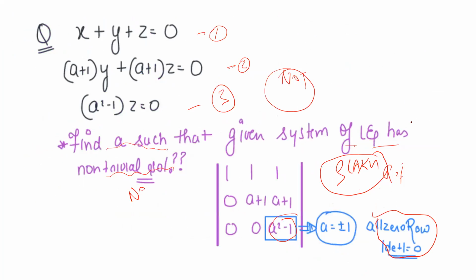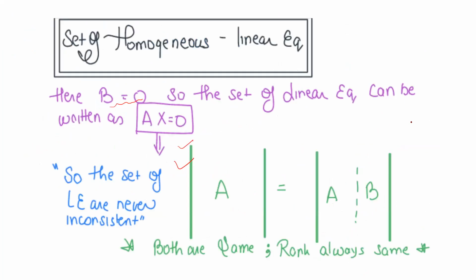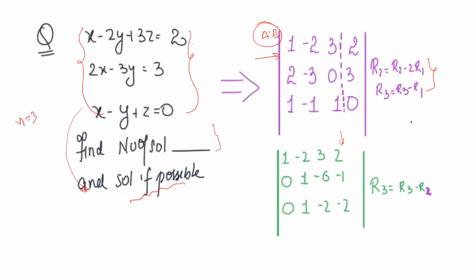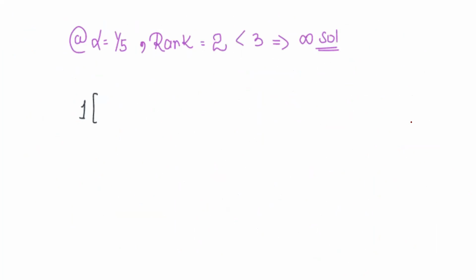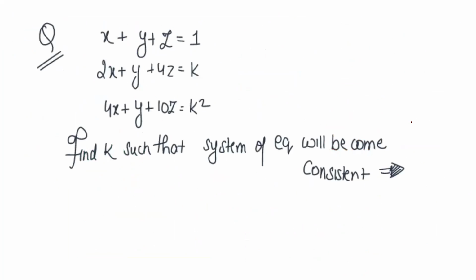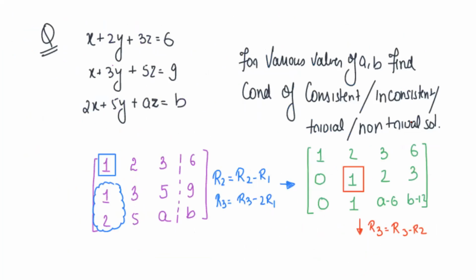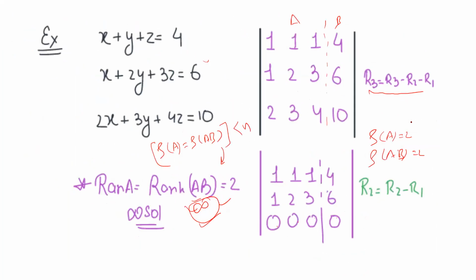Like that, we studied earlier. If both are equal, then the rank is less than n.